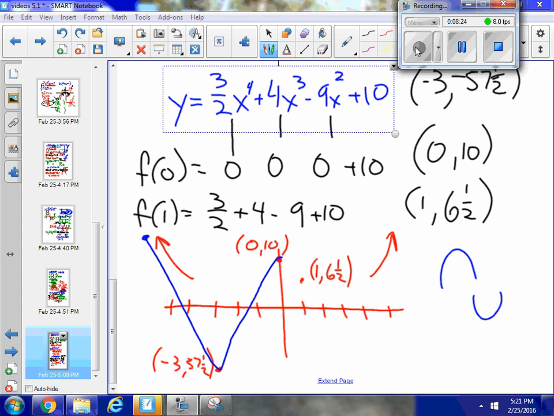And then it's going to go down, and the only place it can possibly turn again is right there, and then it has to turn around and go up forever. It can't do any more turning around, because those are the only points that I have for possible relative minimums or maximums. So I can see that my negative 3, negative 57 and 1/2 is a relative minimum. My 0, 10 is a relative maximum. And my 1, 6 and 1/2 is a relative minimum.